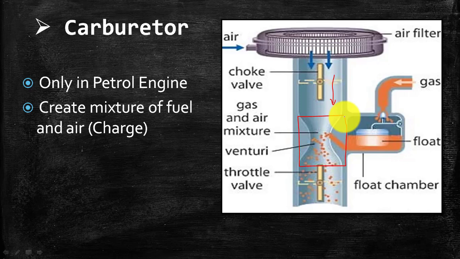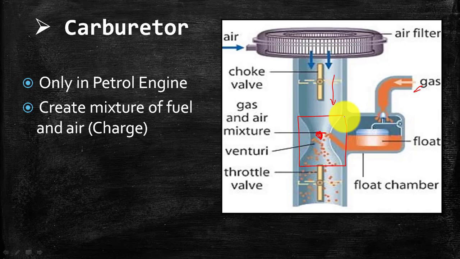Due to this gradually decreasing area, the velocity of the airstream increases and pressure drops. Now here at this point the pressure drop occurs, and as this float chamber is connected with the fuel tank, which is at atmospheric pressure, a pressure difference occurs between this point and this point.